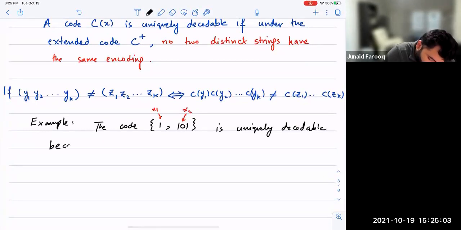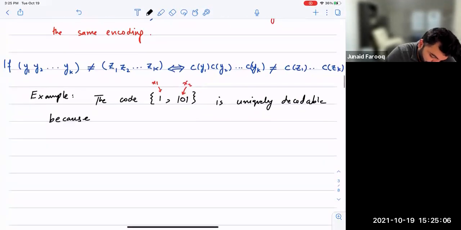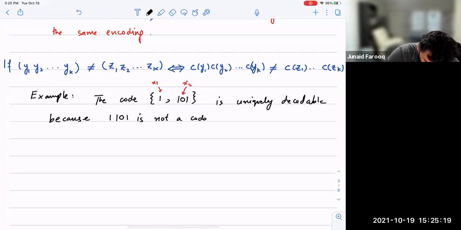Why? Because if you concatenate these two, that makes it 1101. That is not a code word. And similarly, 1011 is not a code word.